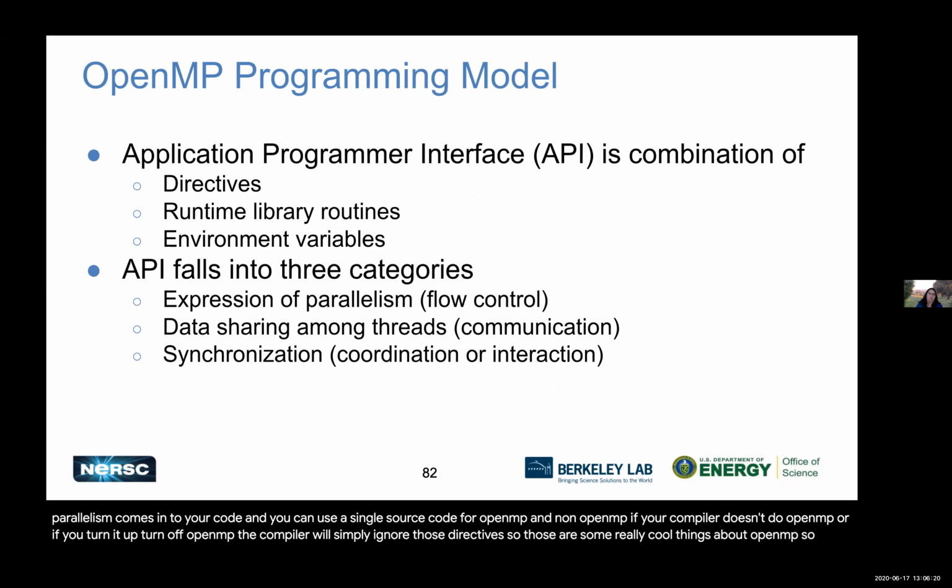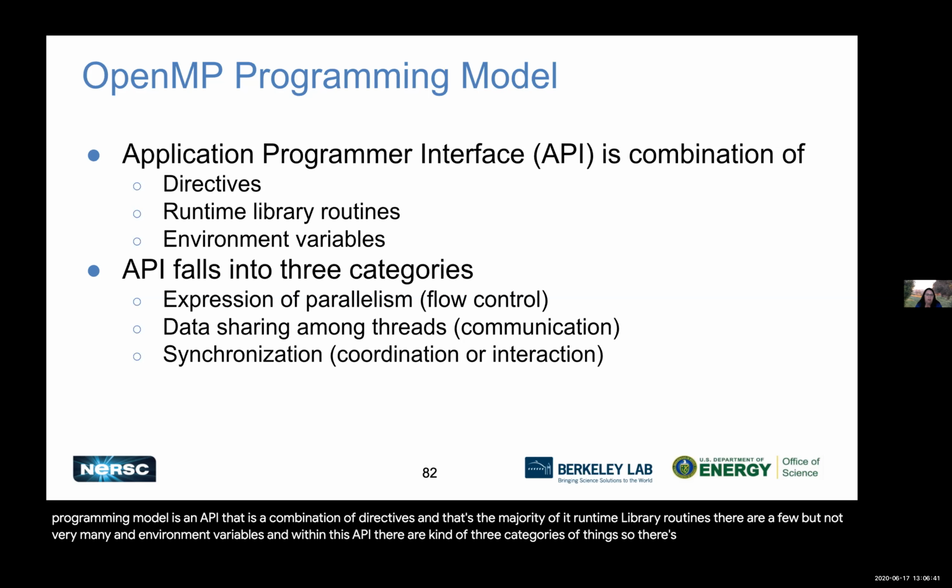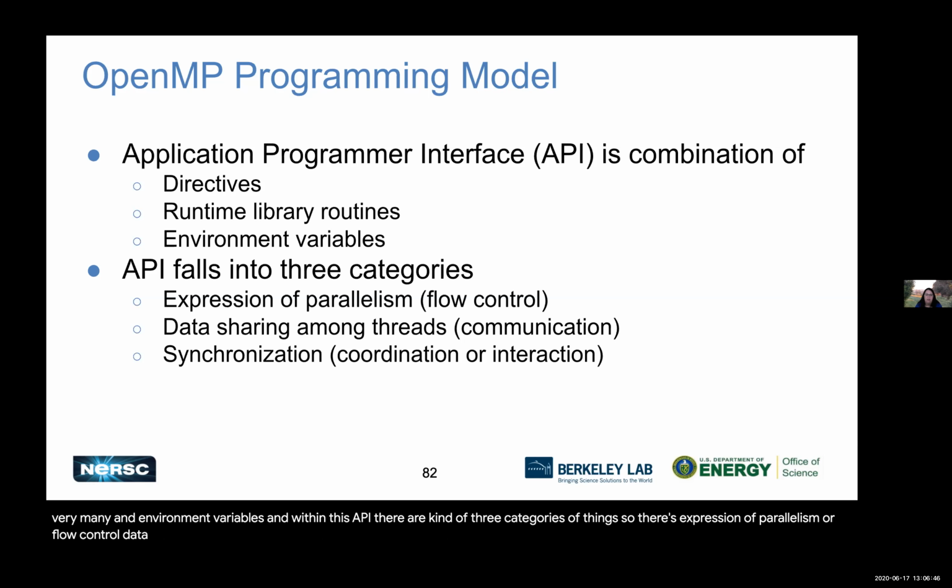So the programming model is an API that is a combination of directives, and that's the majority of it, runtime library routines, there are a few, but not very many, and environment variables. Within this API, there are three categories of things: expression of parallelism or flow control, data sharing among threads, so communication, and then synchronization, so coordination or interaction.